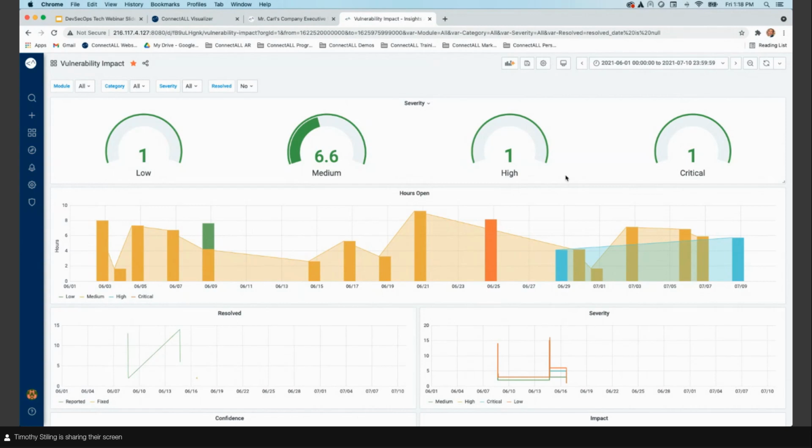So that's what the second row here is showing us, what has been going on over time. How long are the different vulnerabilities at the different severity levels open, and how long does it take them to get resolved?